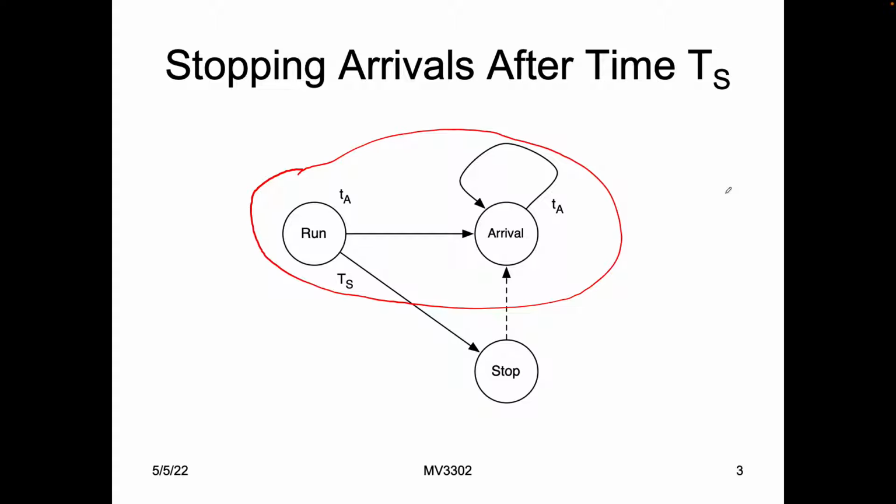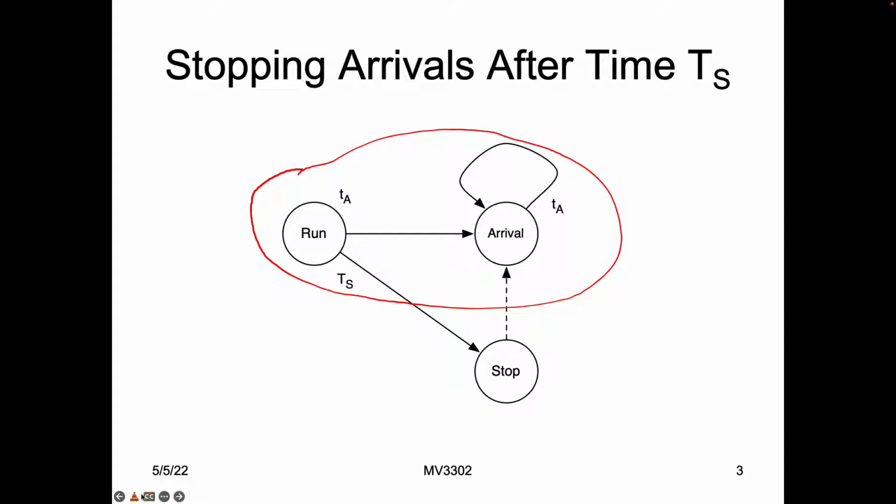If you want to see that in action, just comment out the stop at time, and it goes on forever. That's the logic of the arrival process: it goes forever because there's nothing to stop it.